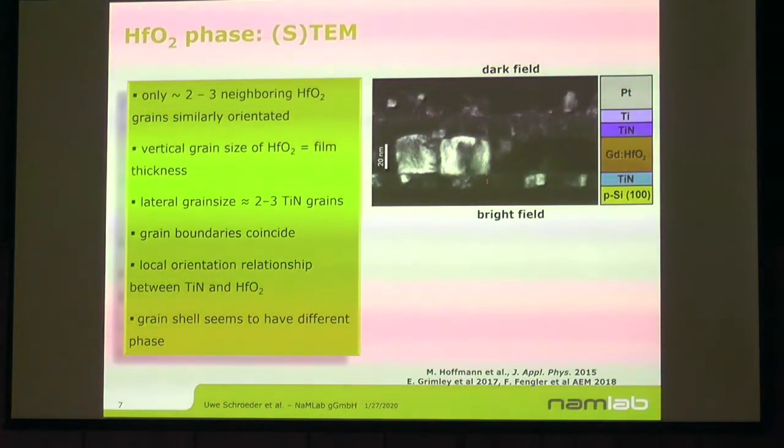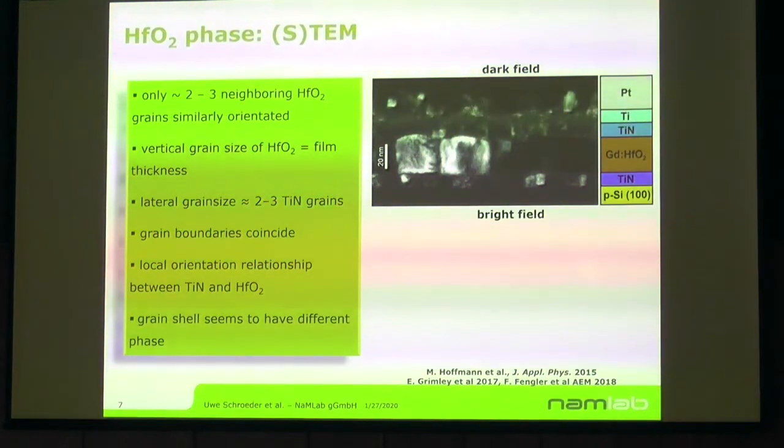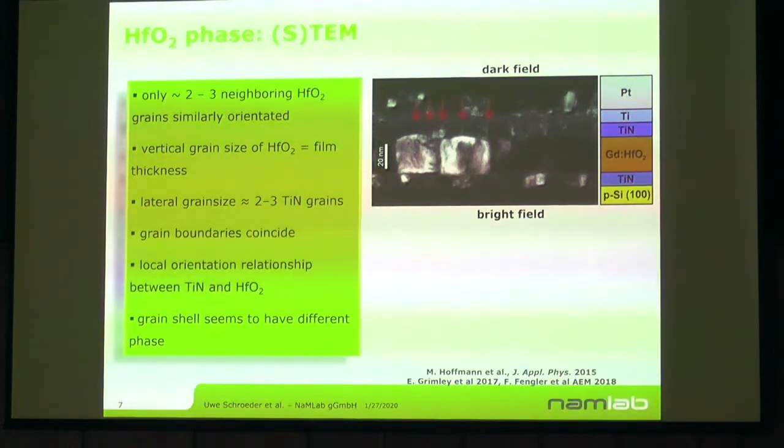The thickness of the grains is the physical thickness of the layer, and we typically are in the range between 5 and 20 nanometer for these films, and in the other direction we have a grain size in the order of 20 to 30 nanometer. And then this is about the titanium nitride grain size, so the hafnium oxide grains are roughly a factor of 3 to 5 larger than what you see for the titanium nitride.